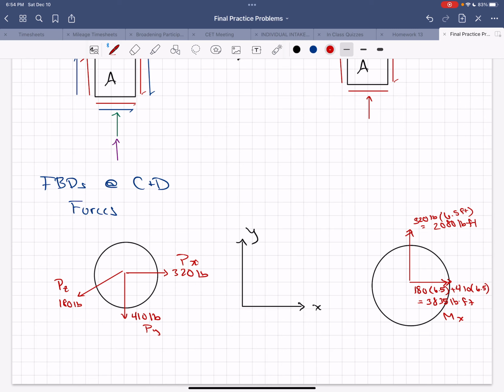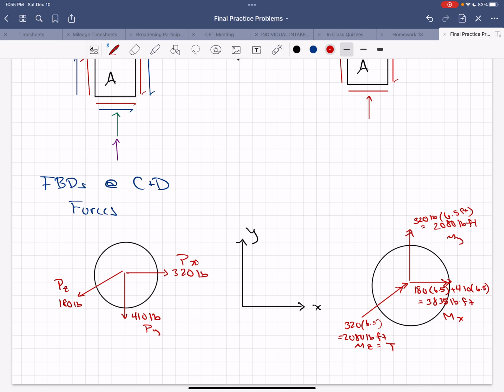And then the Z moment is negative, and this is 320 pounds times 6.5 feet. And this equals 2,080 pound-feet, and that's MZ, which is going to be our torque. And that was M1 right there.